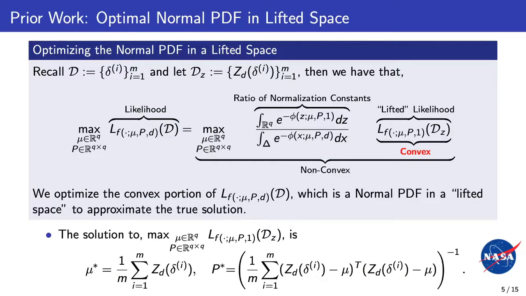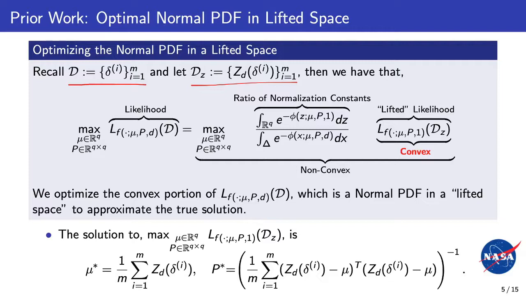Now, our prior work for optimizing the hyperparameters of sliced normal PDFs actually functioned by optimizing a normal PDF in what we call a lifted space. If our original dataset D consists of data points delta_i, then we're going to define a lifted set of data, D_z, which consists of the monomials of the data delta_i.